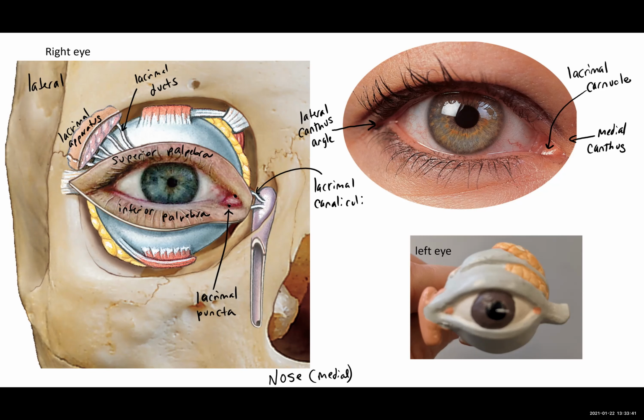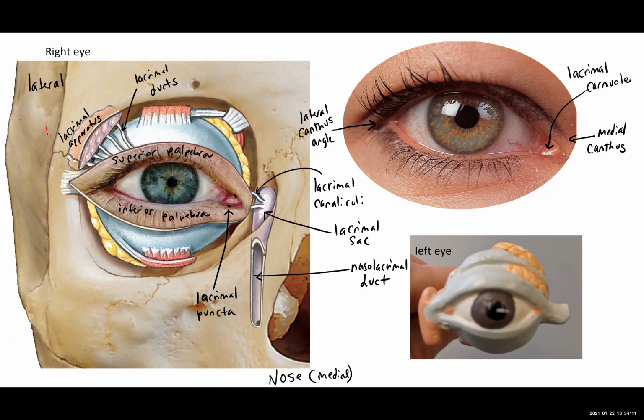canaliculi. There is a top, so there's a superior lacrimal canaliculi, and there is an inferior lacrimal canaliculi. These drain into what is referred to as the lacrimal sac, which then drains into what is called the nasolacrimal duct, which then drains that fluid, that tear, into the nose.